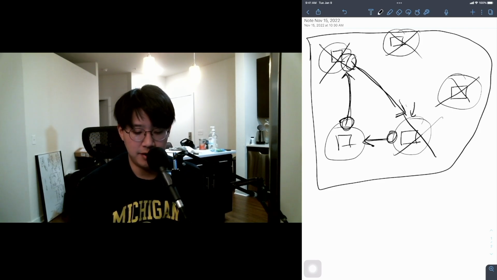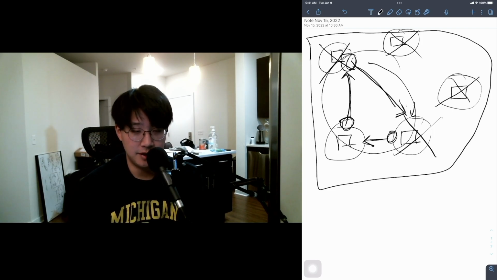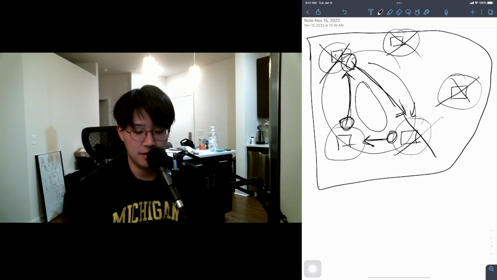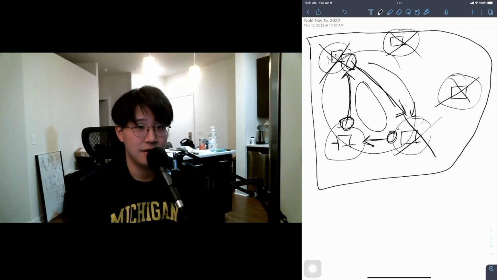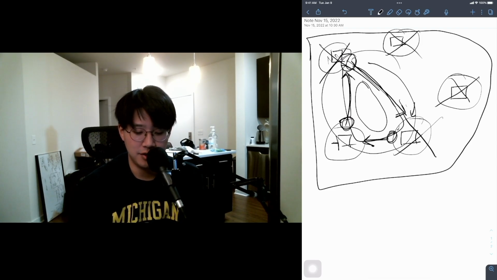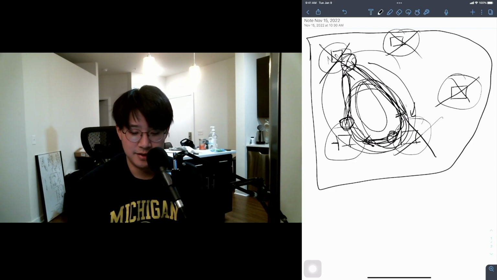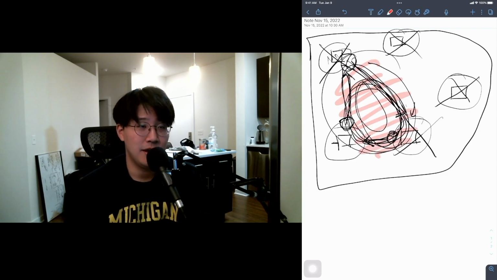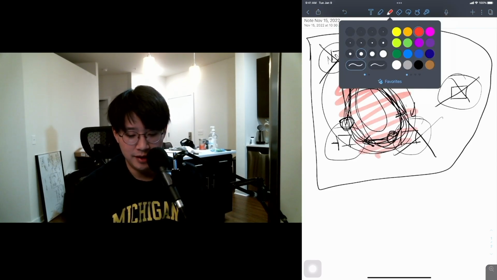So if something like this happens, you can see there's a cycle. In this case, all 3 of these can never be deallocated because they're all pointing at each other in a cycle. And this is essentially what I have caused.